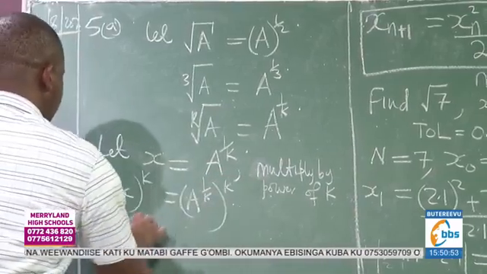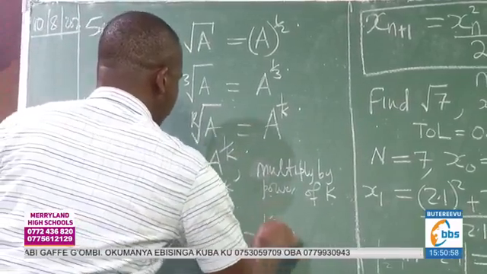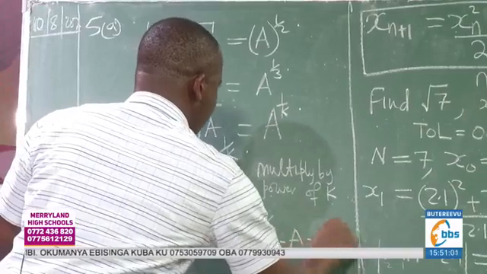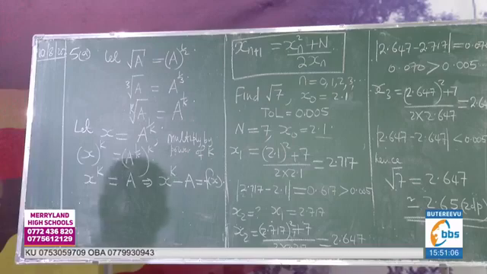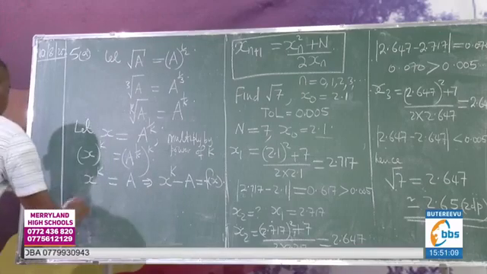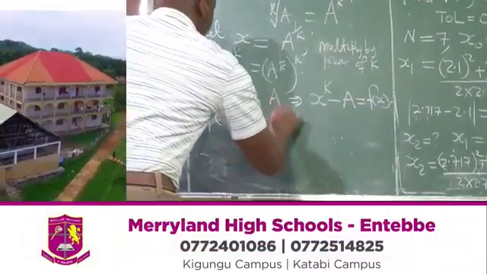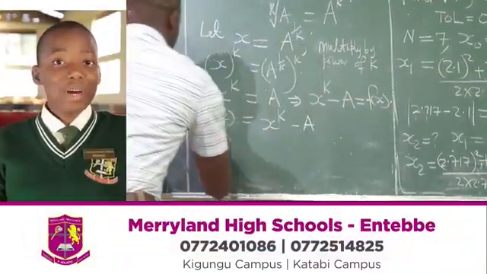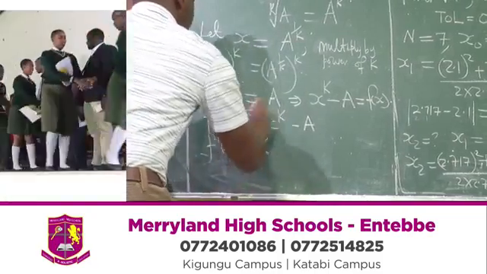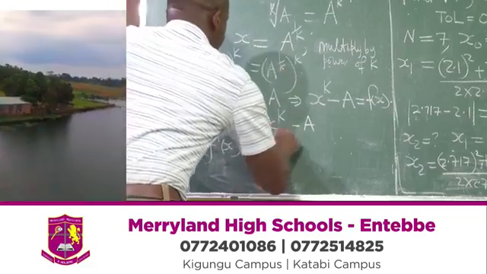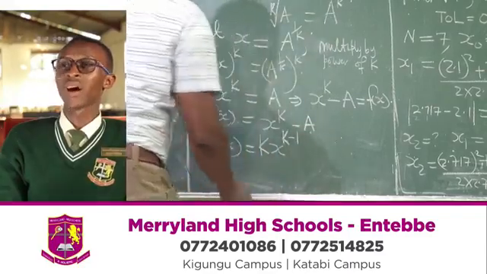This will mean that x to the k is actually equal to A, implying that x to the k minus A is going to be our function. If we differentiate, our f of x is x to the power k minus A, and our first derivative is k multiplied by x to the power k minus 1, since the constant disappears.